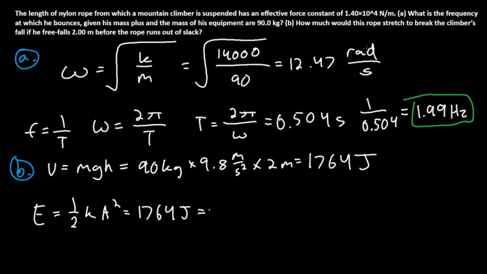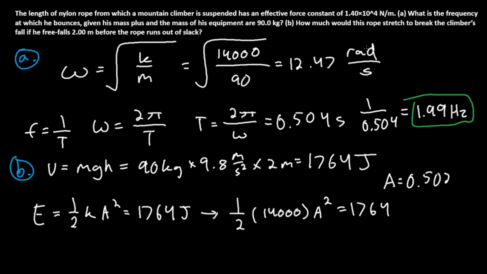Now we have the spring constant, 14,000. So 1/2 times 14,000 times amplitude squared is equal to 1764. Let's solve for the amplitude here. Once you do just a quick amount of algebra, your amplitude should equal 0.502 meters. So this nylon rope stretched quite a bit. It stretched 50 centimeters from its equilibrium point.